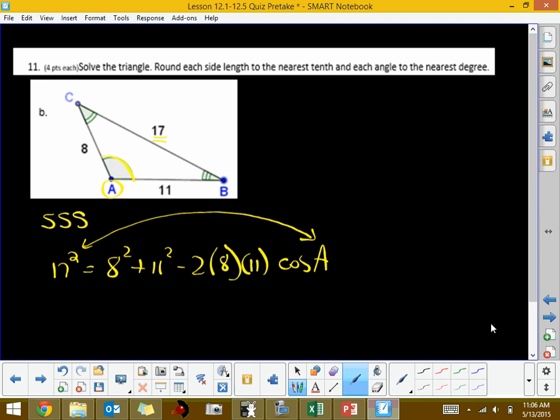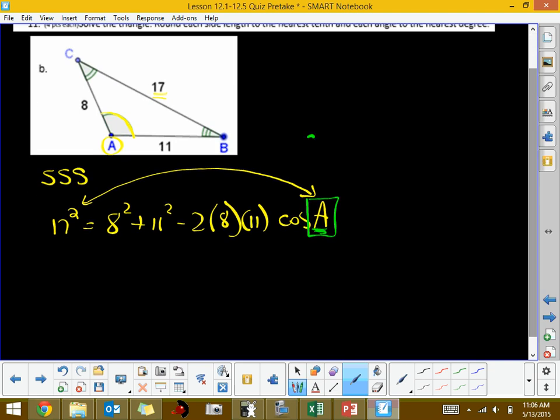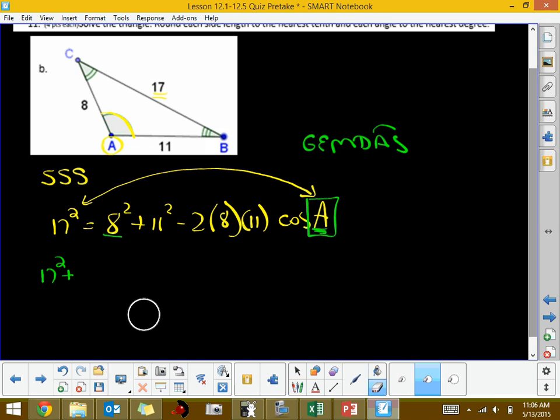Now our goal is to get A by itself. To get A by itself, we've got to remove several different things, and we're going to go through this GEMDAS backwards. So we want to get rid of addition and subtraction first. It's 17 squared, we want to get rid of adding 8 squared, so we subtract 8 squared. To get rid of adding 11 squared, we subtract 11 squared.